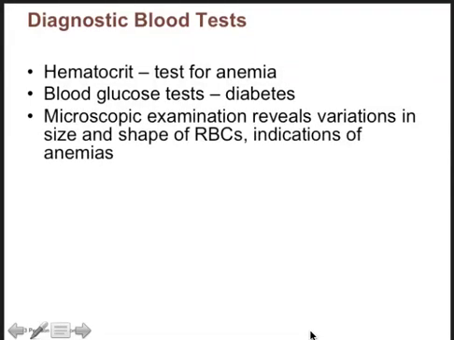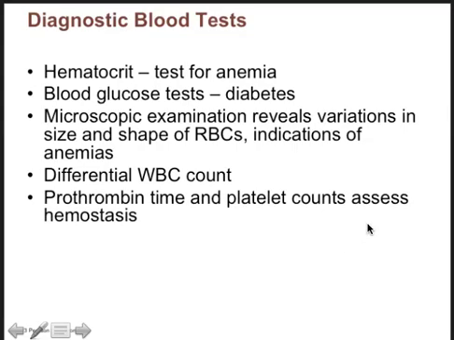And also microscopic examination for variations in the size and shape of red blood cells, which could be indications of anemias, osmotic reactions, or certain types of bacterial or viral infections. This is what we call looking at the morphology of the cell, its shape under the microscope.